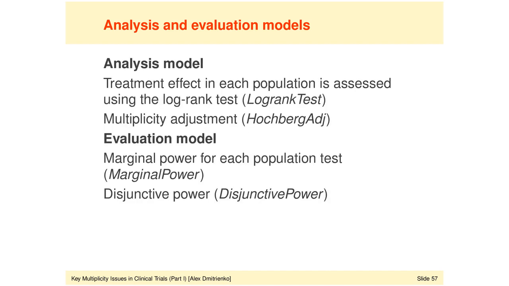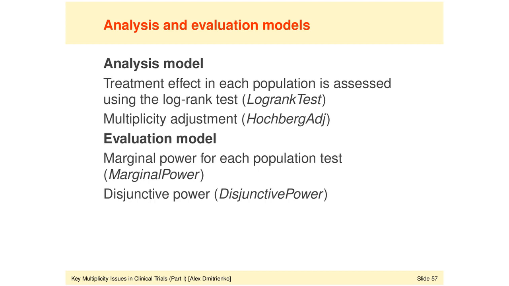Slide 56 defines the key components of the analysis model and the evaluation model in this clinical trial example. Beginning with the analysis model, the treatment effect in each patient population will be assessed using the log rank test, and the keyword that requests this test is log rank.